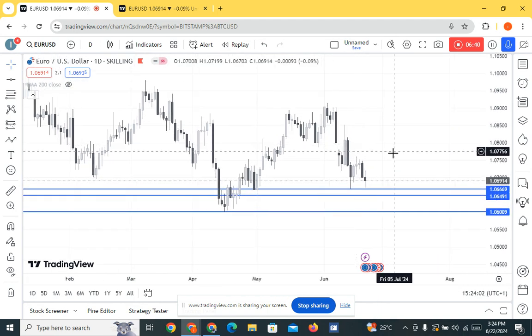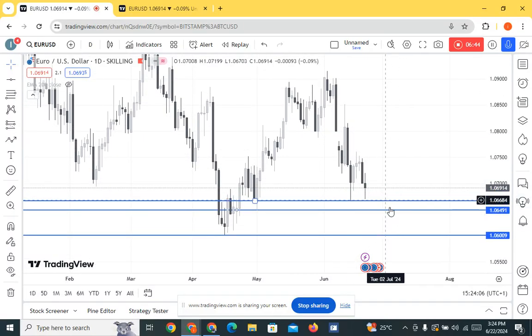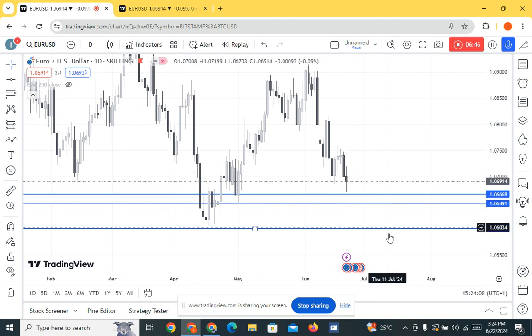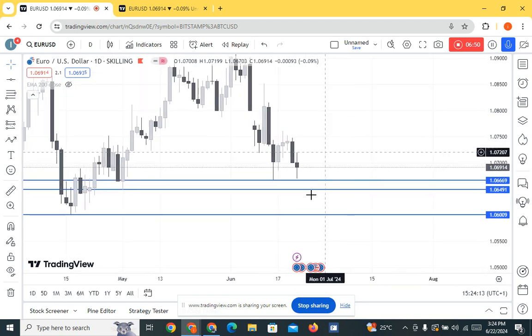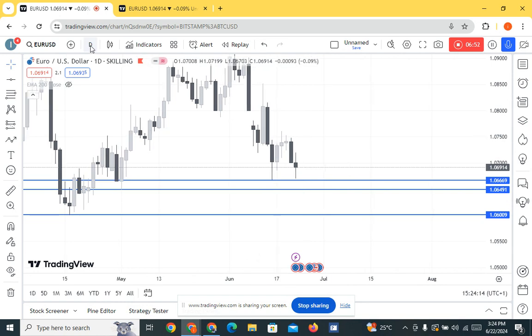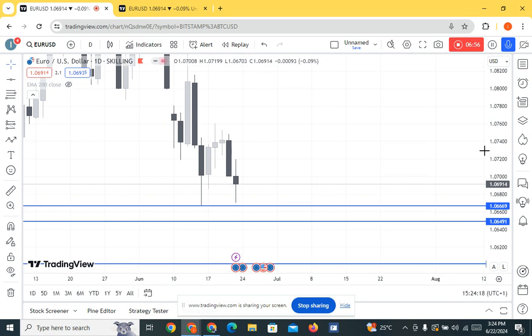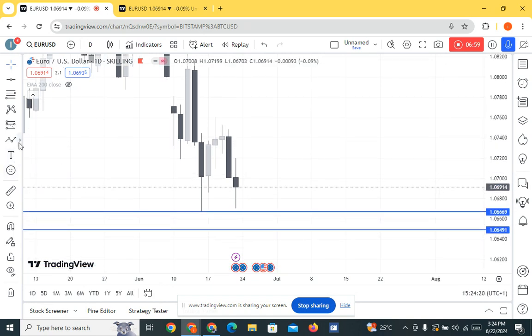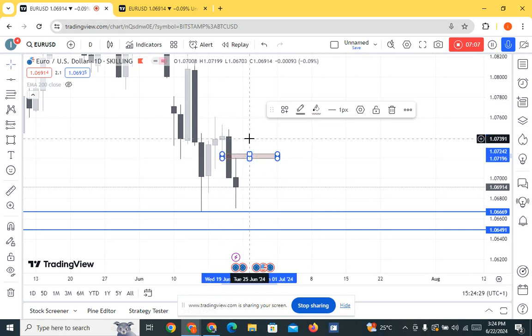So from the look of things, with the way price has been working, price is definitely going to create a new lower low, right? So what are we doing now? We are waiting for price to retrace back into this fair value gap that was created on Friday, yesterday, the 21st of June.